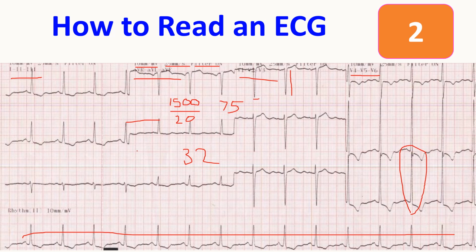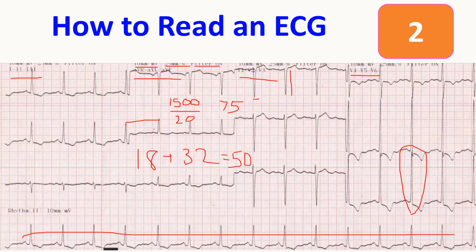This will be around 18 plus 32 equal to 50. V1 S wave plus R wave in V6 together is around 50.